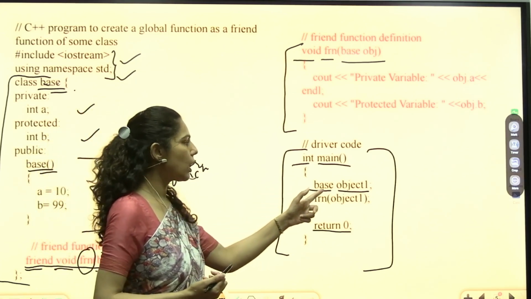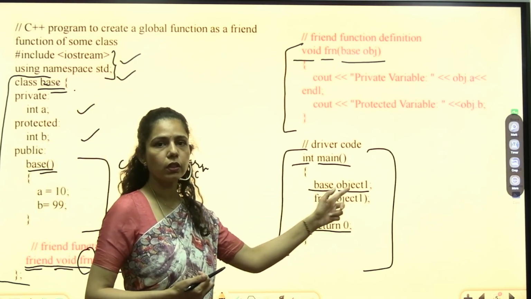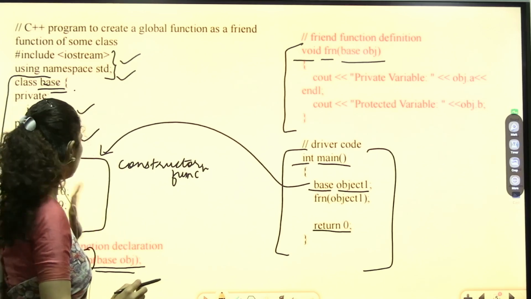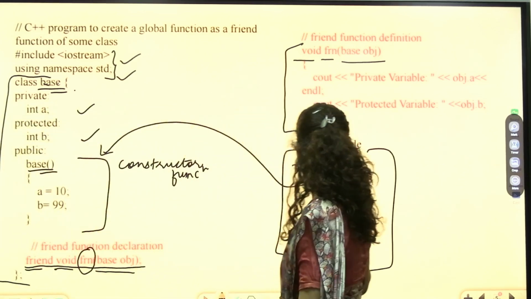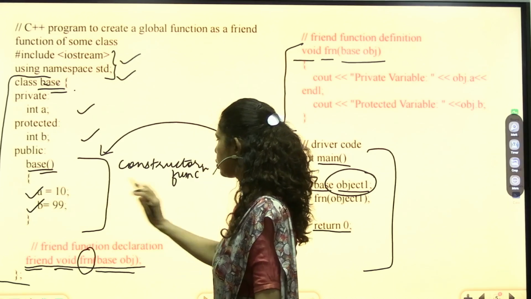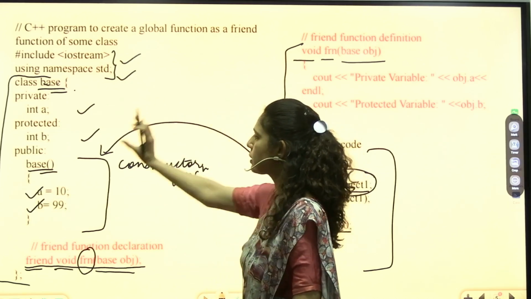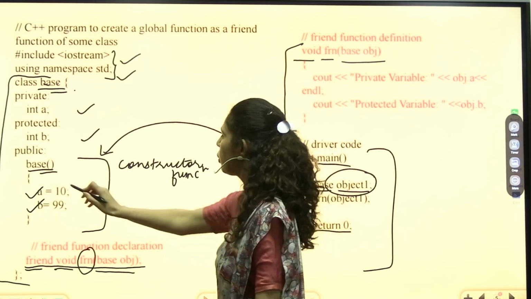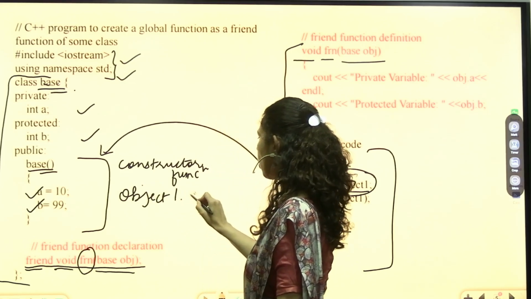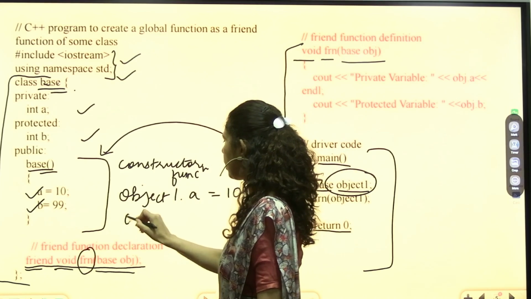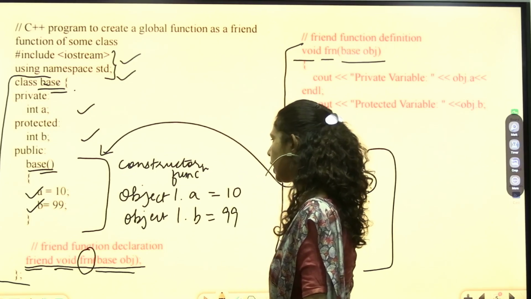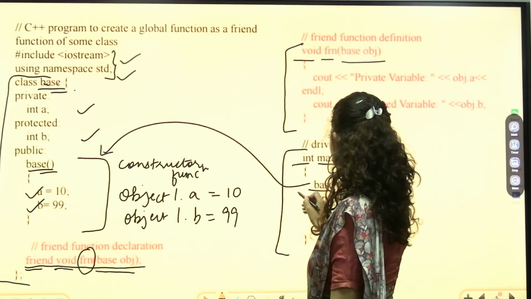So as soon as we create our object, object1, for the class base, this constructor function gets called. In this constructor function, the values of a and b are assigned for object1. So object1.a will become 10 and object1.b will become 99. This will happen at the end of this first line.